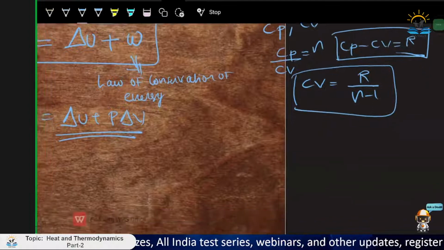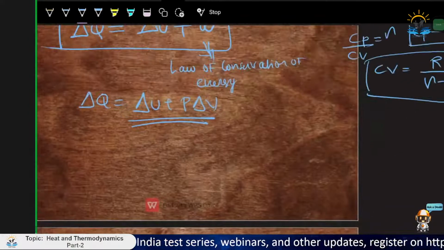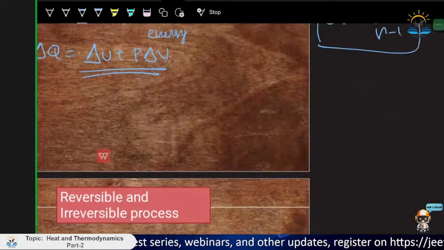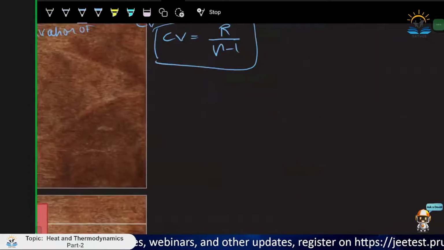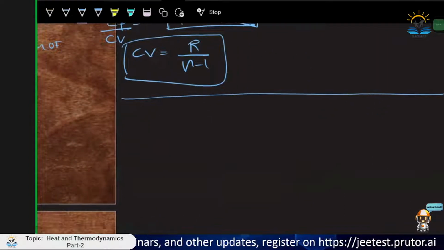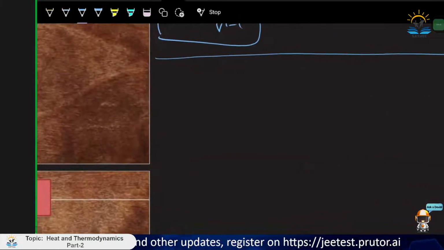So let's study some thermodynamic processes. First is the isothermal process.